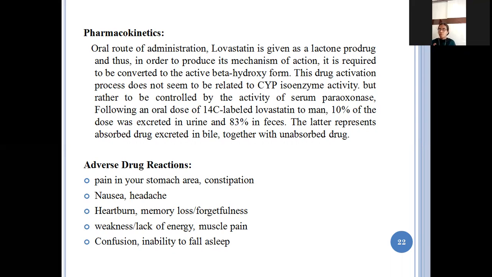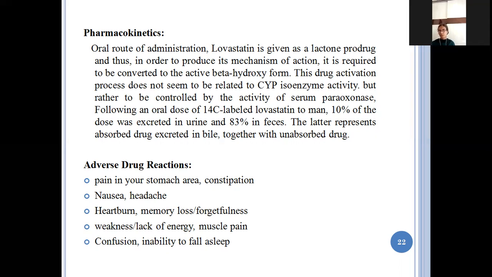Following the oral dose, it is excreted through the urine and feces.